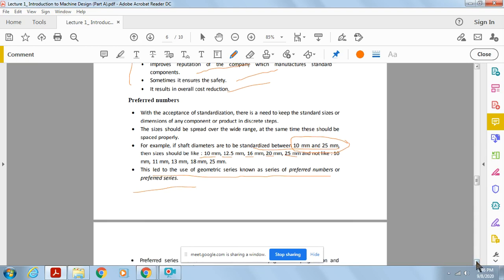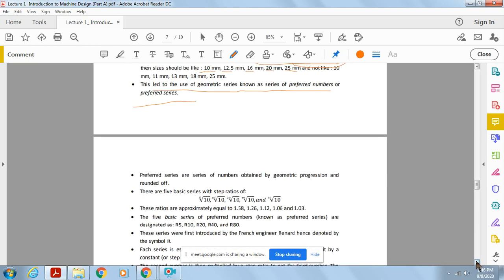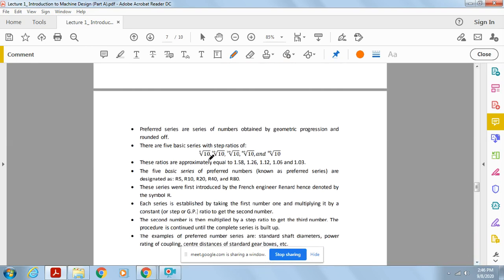Okay, so we generally follow here the method of geometric progression. How is that? Preferred series are series of numbers obtained by geometric progression and rounded off. After geometric progression, certainly you will get data in fractional numbers like 12.985, so obviously it will be written as 13, that is, it will be rounded off. Basically there are 5 basic series with the step ratio.